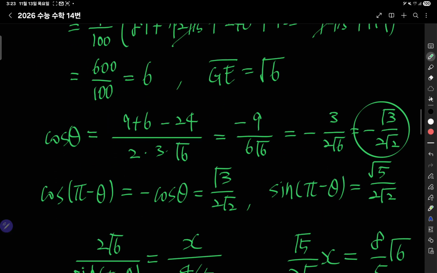Because cosine of pi minus theta is equal to minus cosine theta, the cosine of pi minus theta is square root of 3 over 2 times square root of 2. That means sine of pi minus theta should be square root of 5 over 2 times square root of 2.